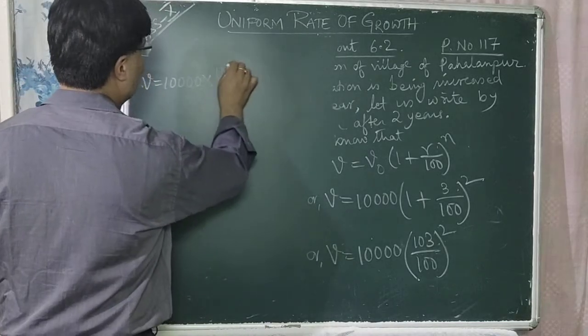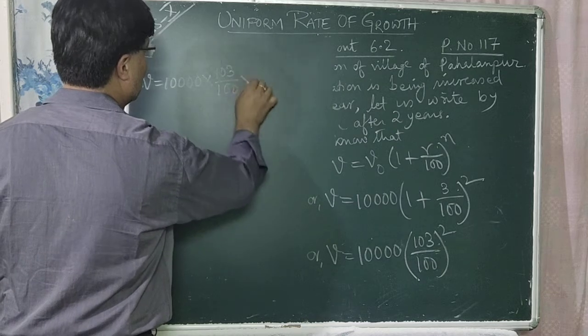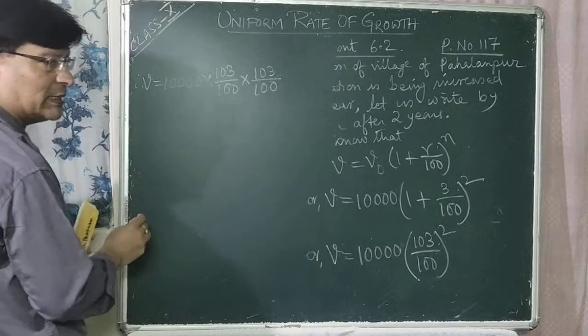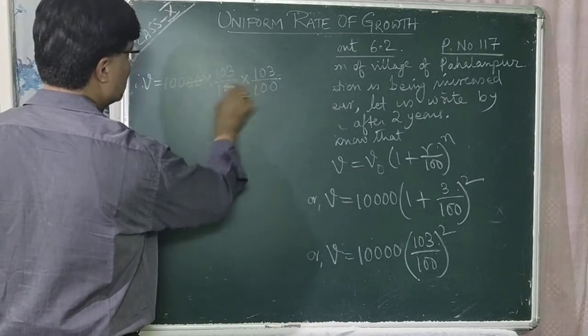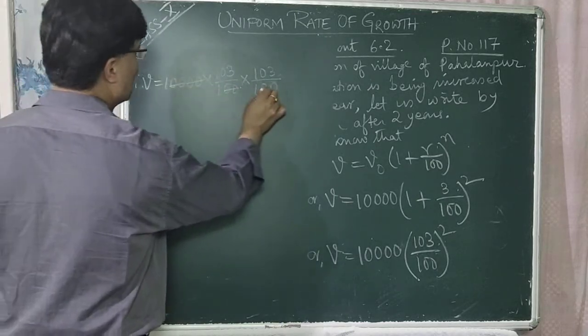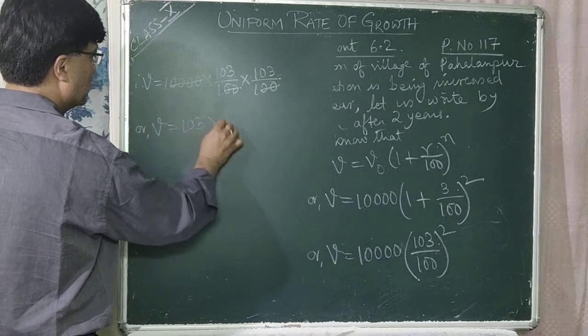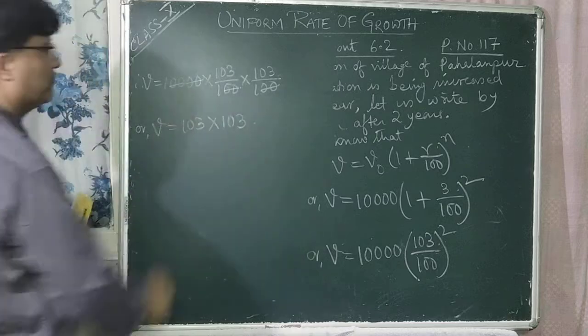So it is 103 by 100 into 103 by 100, right? So here double zero gets cancelled, double zero gets cancelled. So V is equal to 103 into 103.